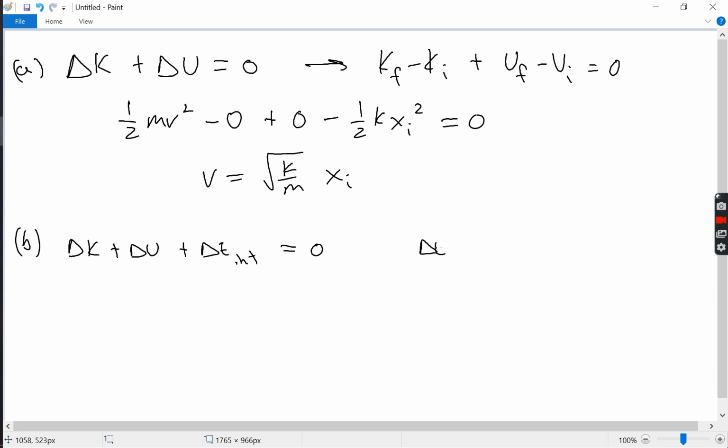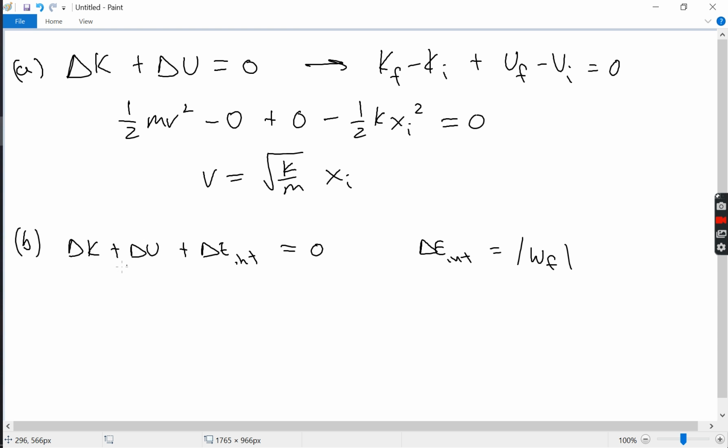And so I'll make a note over here. The change in internal is equal to the magnitude of the work done by friction. Because the work done by friction is always negative, because the force of friction opposes the displacement. But the change in internal energy, what friction does is takes mechanical work, turns it into heat, and that adds to the internal energy of our system.